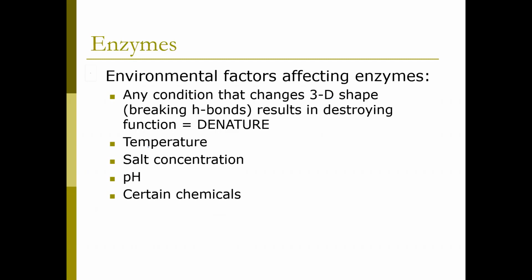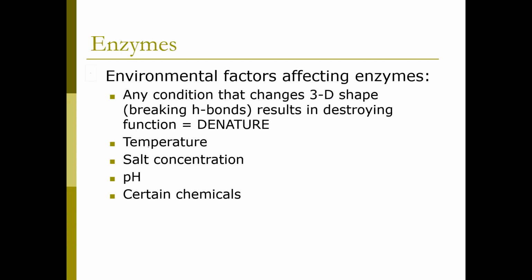Certain enzymes have certain optimal temperature ranges in which they can optimally catalyze reactions. So if the temperature gets too low or too high, that could change the shape of the enzyme, making it no longer able to accept a substrate on its active site.